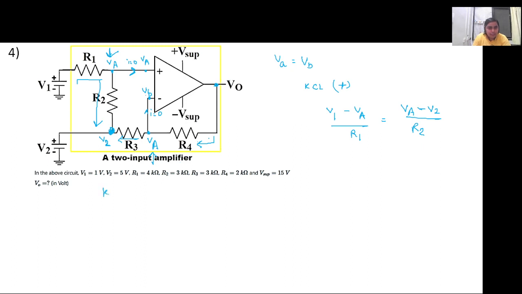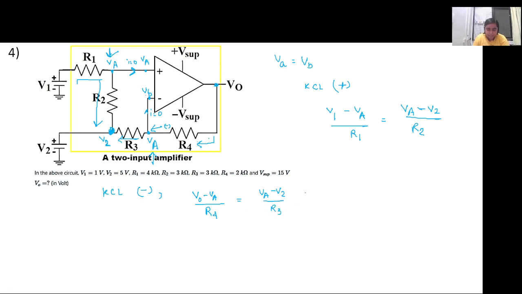The second KCL equation we'll have is from the negative terminal, in this particular point, right? So if I apply KCL at that point, whatever the current is coming, that is V0 minus VA by R4, will be equal to VA minus V2 by R3.